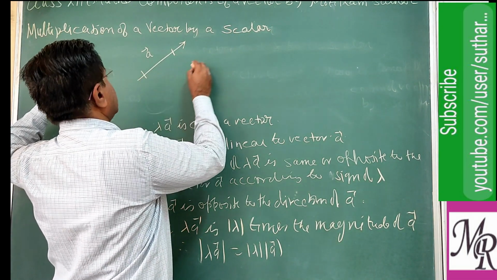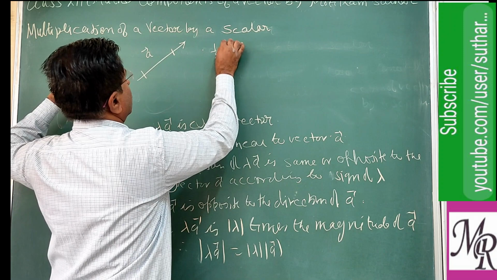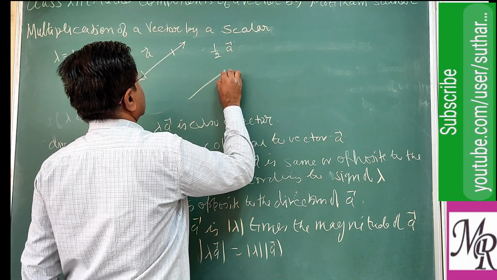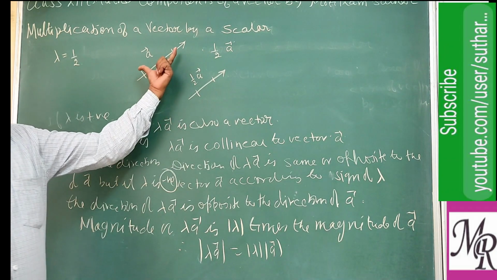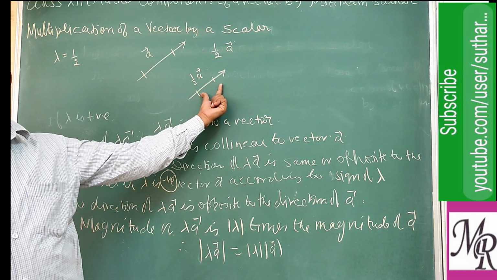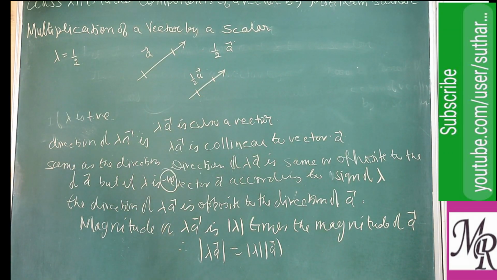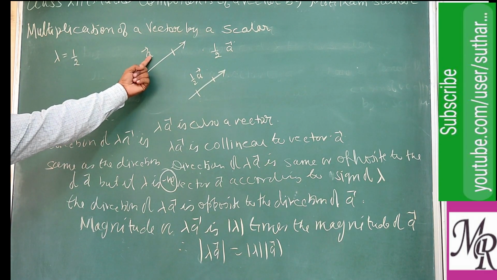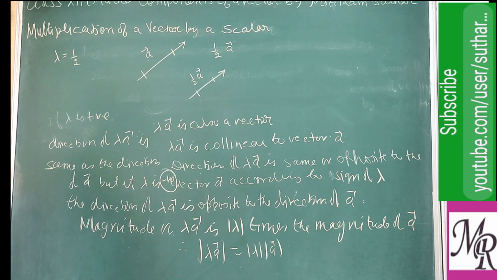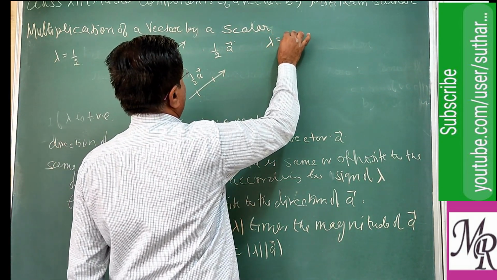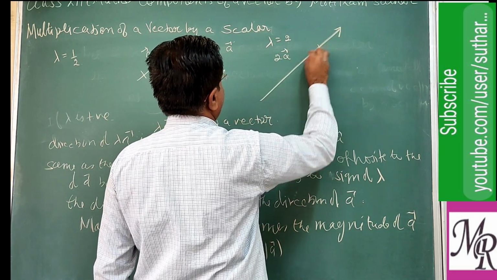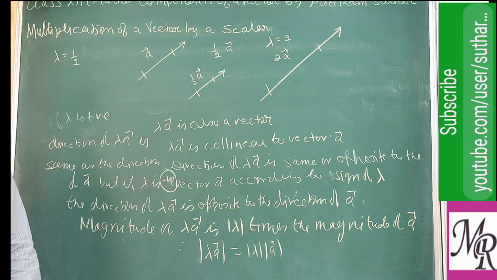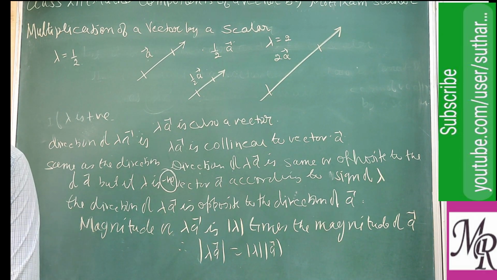So the magnitude is halved; the direction remains the same, but the magnitude is reduced. Suppose this is 5 units, then this will be 2.5 units. And if you take lambda equal to 2, we have a vector twice this, with direction again the same, so the magnitude will be twice.